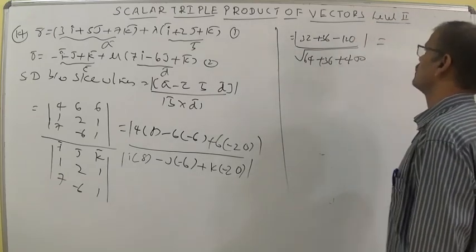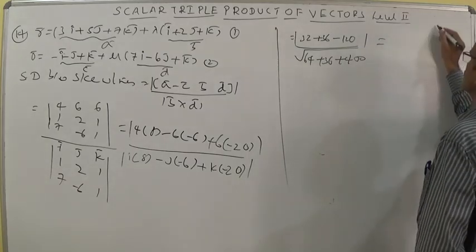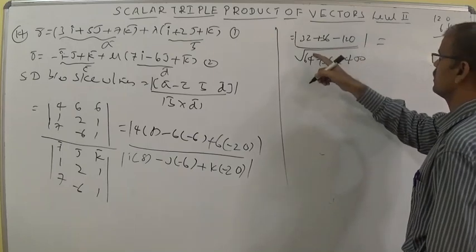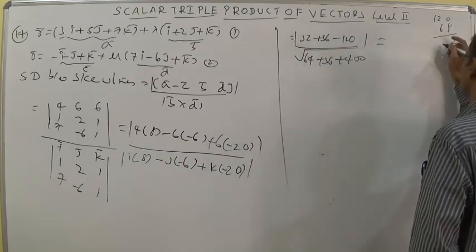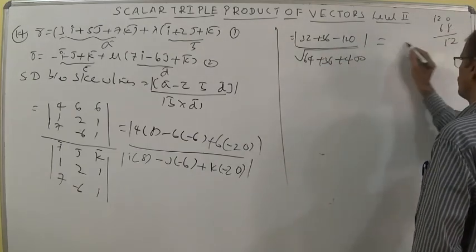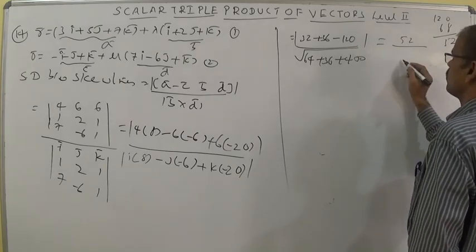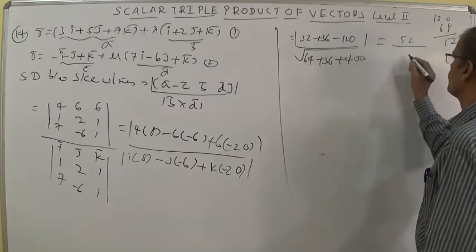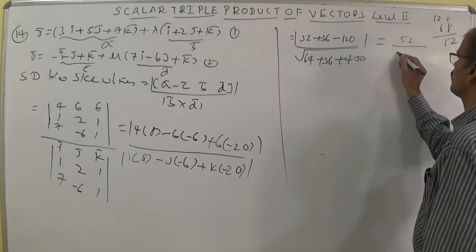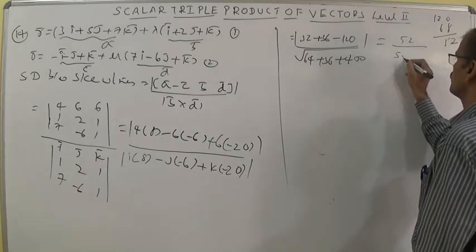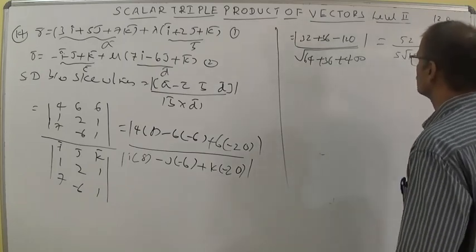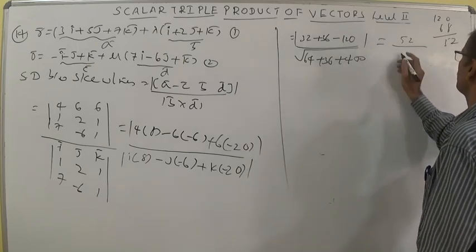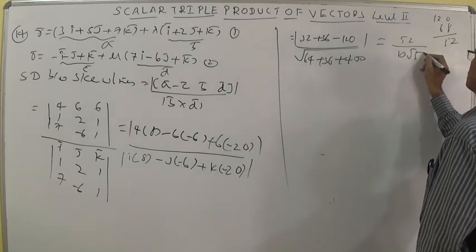The value 32 and 36, 68. So 120 minus 68, now we should write: 120 minus 68 is 52. 52 whole by 64 plus 36, 100. 100 plus 400, 500. 500 over root, you can write here 5 root 10, because 100 into 5, 500, 10 root 5, because 100 root 5.